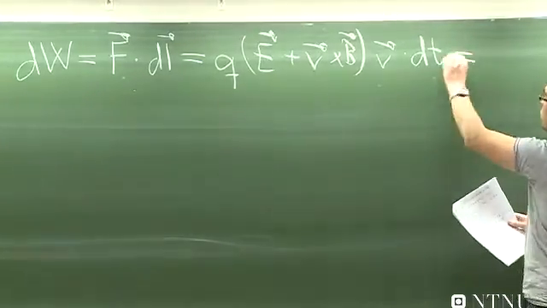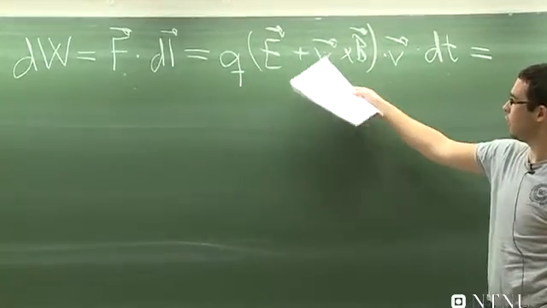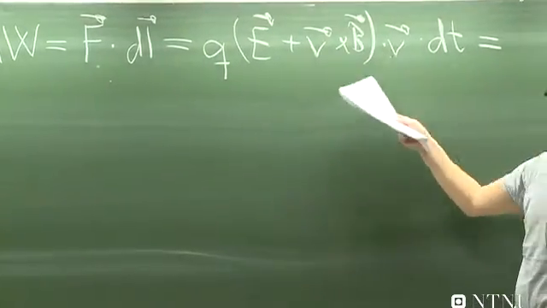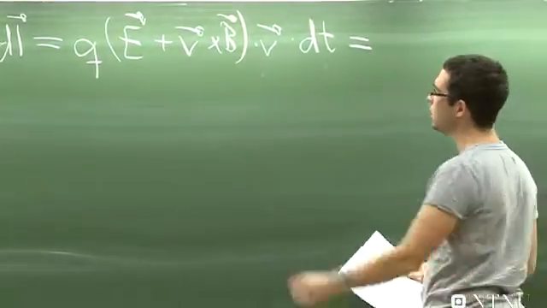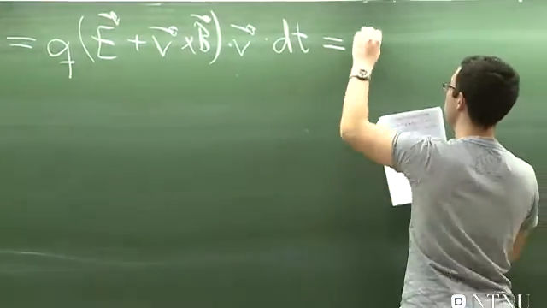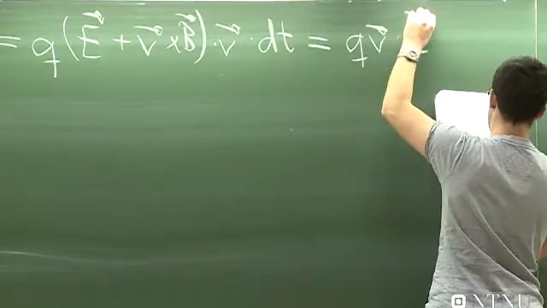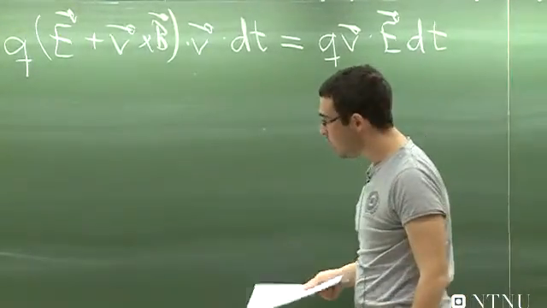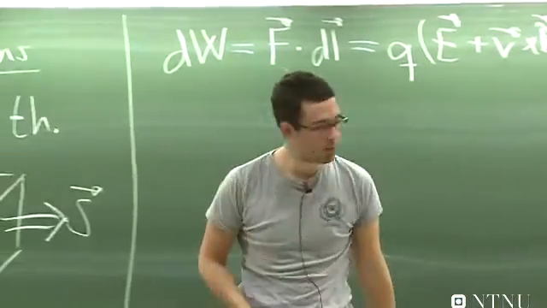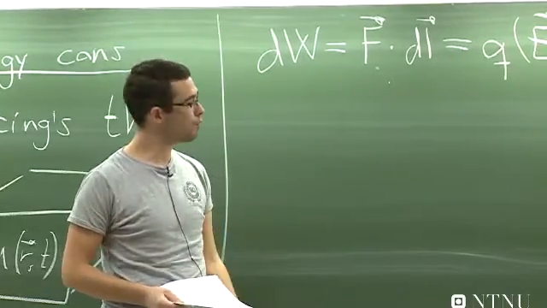Now, as you've noticed, there's a dot product here, meaning that, well, v cross B dot v, well, that's 0, meaning magnetic fields do no work, as we've seen before. So this ends up being q v dot E dt.